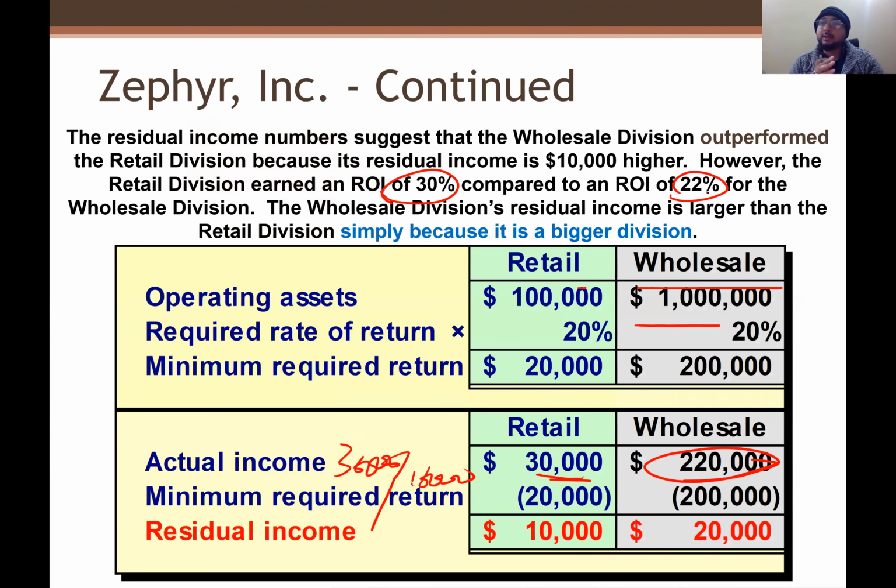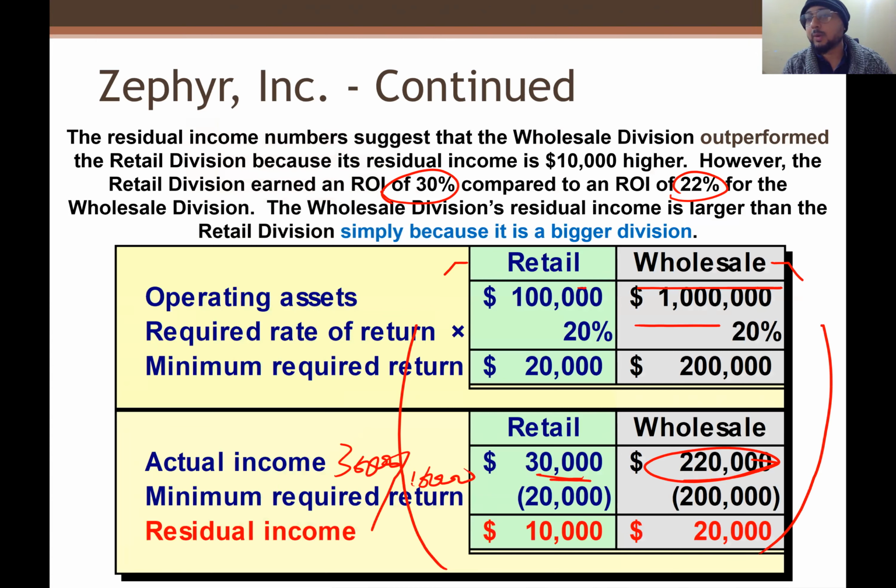Now you will see that there is a conflict. If we choose ROI, the retail department outperformed. If we choose residual income, the wholesale department outperformed, right? We say that residual income is a good measure. It eliminates the traditional criticism, the biggest criticism of ROI.